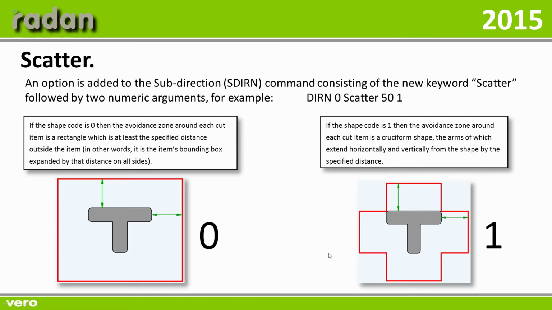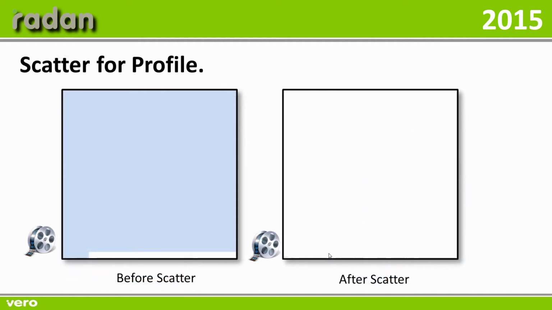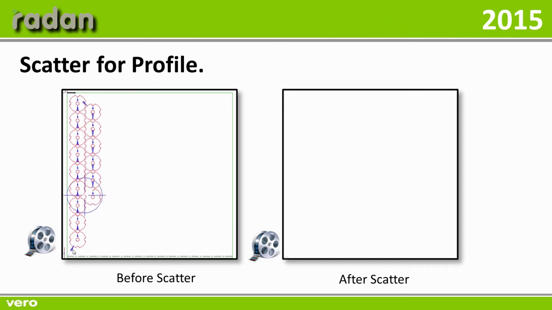Now it makes much better sense for me to show you this. So here I've got a video showing a laser profiling machine without the scatter command enabled. So in effect, each adjacent component is being profiled.